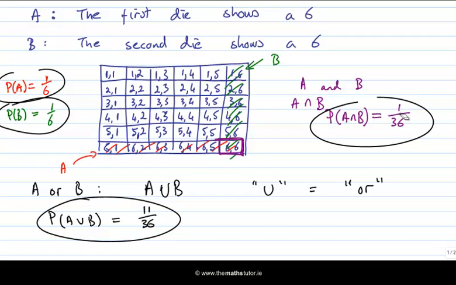That might suggest something. A little bit harder to see, but you could guess it as well, is how can we get from 1 over 6 and 1 over 6 to 11 over 36? What's the connection there? These are the types of questions that the laws of probability will allow us to answer. If we have 2 events and we combine them in different ways, how are the probabilities of all these events related?